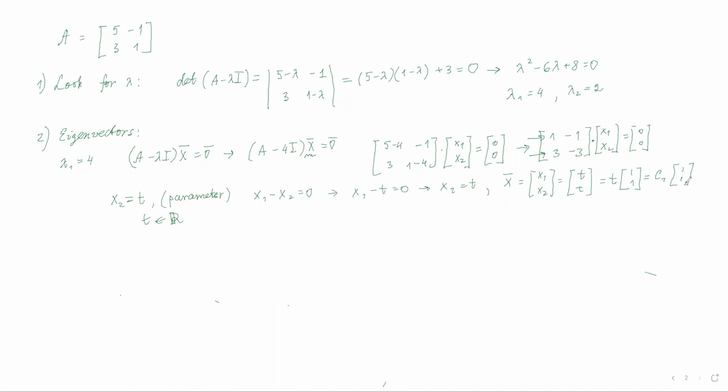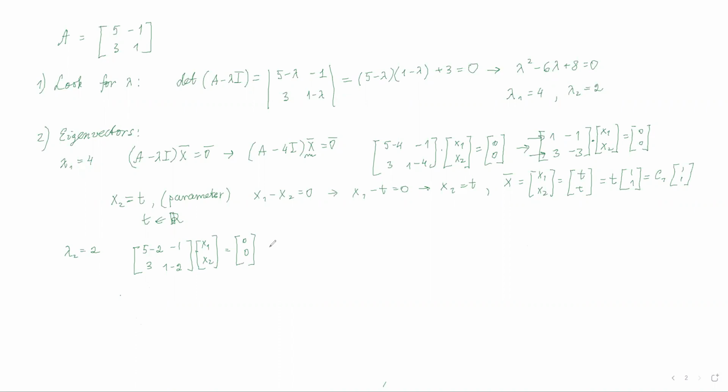Now I'm just going to repeat the procedure for the second solution. Okay, so I'm going to do lambda 2 equals 2, and I'm going to repeat everything, but I'm going to skip some steps. I already explained everything. So I'm going to have 5 minus 2 over here, minus 1, 3, 1 minus 2, and over here is x1, x2 equals 0, 0.